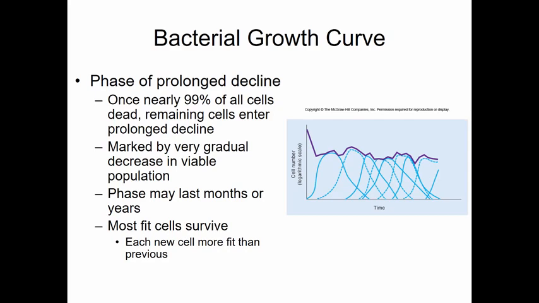All right. Again, you want to get that population into that phase of prolonged decline. Nearly 99% of all cells are dead. Then you know everything is gone. This may last months or years, depending on what the culture is and on the scenario. When this is in your body, that number can go really low and then come high later on.